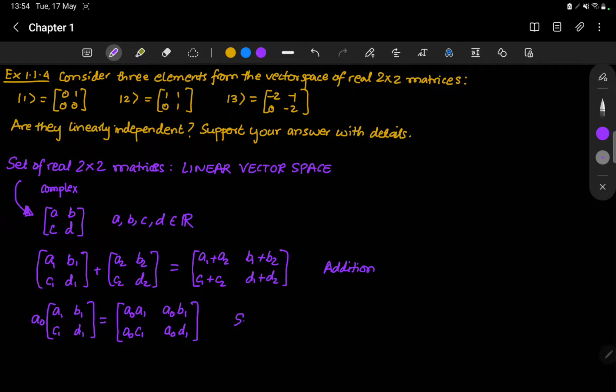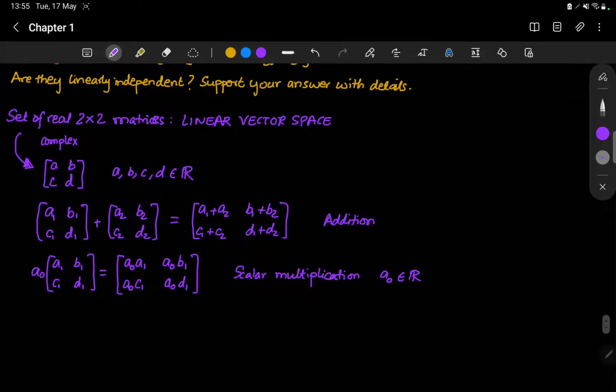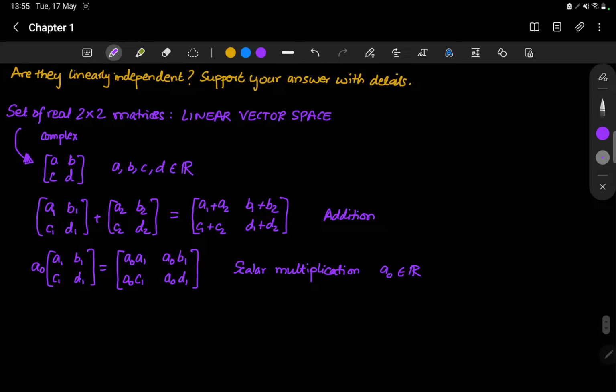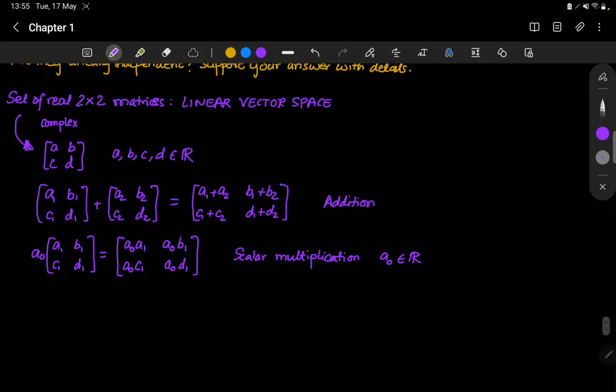So this is scalar multiplication, and A naught belongs to real numbers. So we see that for the set of real 2 cross 2 matrices to be defined as a linear vector space, we need a definition for addition and a definition for scalar multiplication.